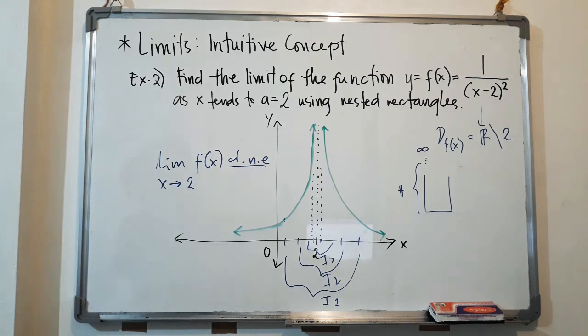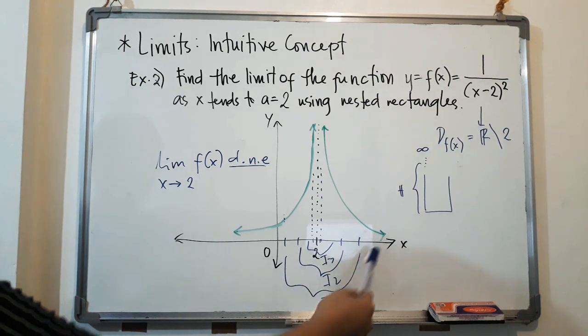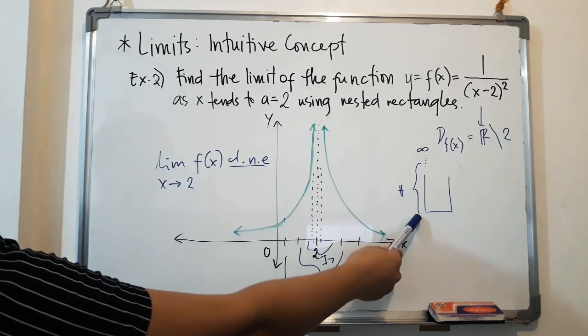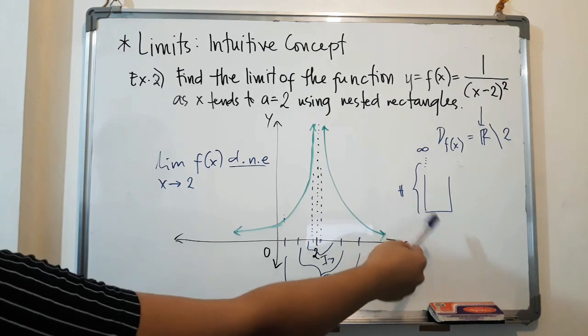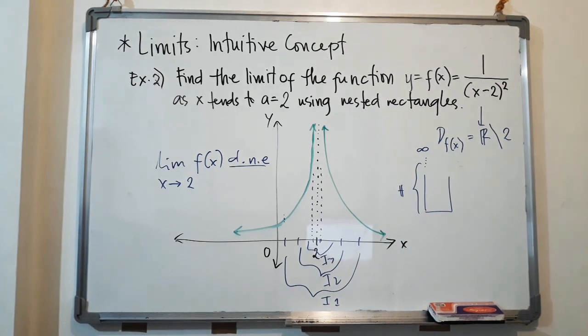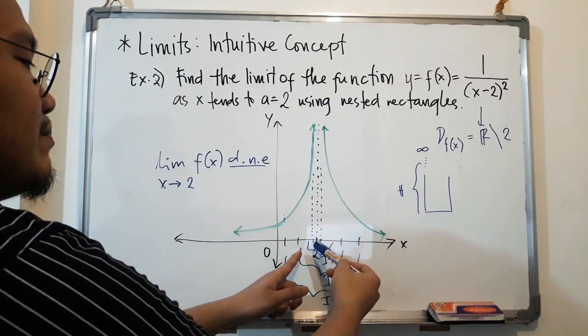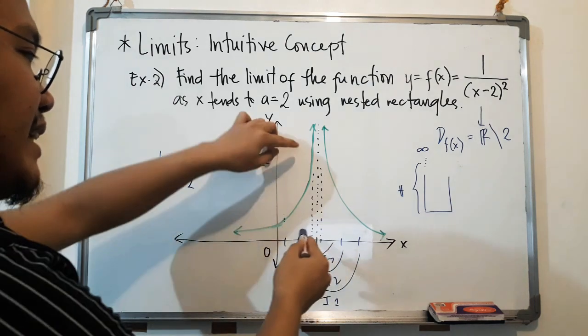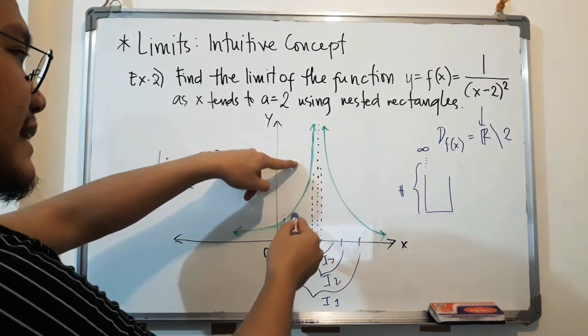The limit of the function exists if for all nested intervals, the heights of the rectangles decrease. Okay? Kumbaga, as x approaches this point, the height of the nested rectangle must decrease.